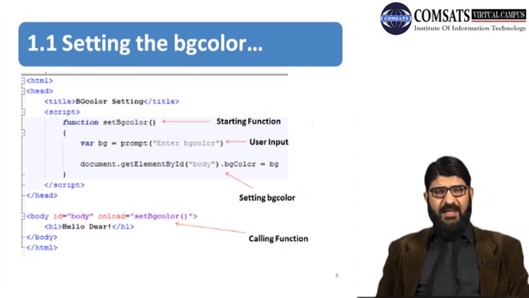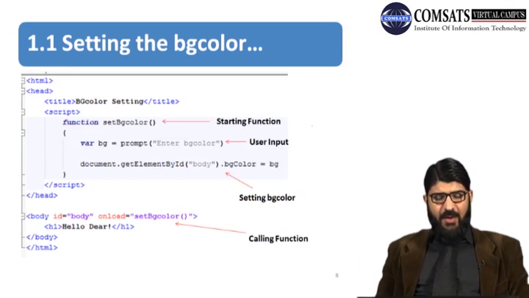This method will take the parameter element id that is given as body, then .style.backgroundColor will set the particular background color, equal to the bg variable, and the bg variable will contain the value that is given by the user in order to set the background color. The function bracket is closed, the script tag is closed, the head tag is closed.